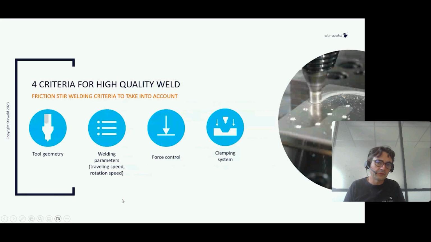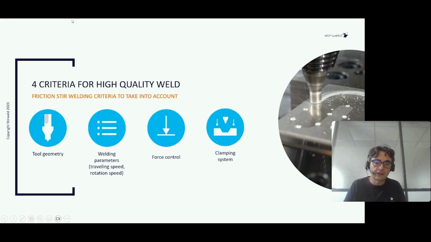Basically, we can say that we have 4 families of welding parameters, or 4 criteria for a high quality weld. The first is the tool. Depending on the weld penetration and the material, we use different tools. On the right, you can download our FSW tool catalog and see the different families of FSW tools.